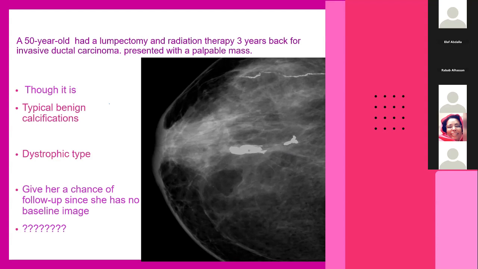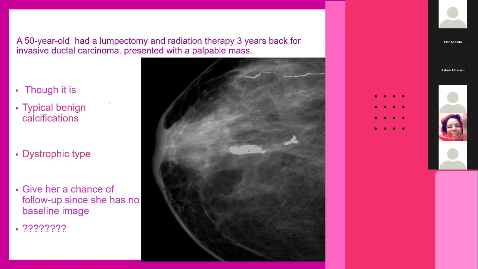So if you have a dystrophic calcification at the site of post-operative scarring, on the follow-up, if that dystrophic calcification gets interrupted or displaced, it is a suspicious feature. That means there is something growing below this dystrophic calcification that either displaced or fragmented it.